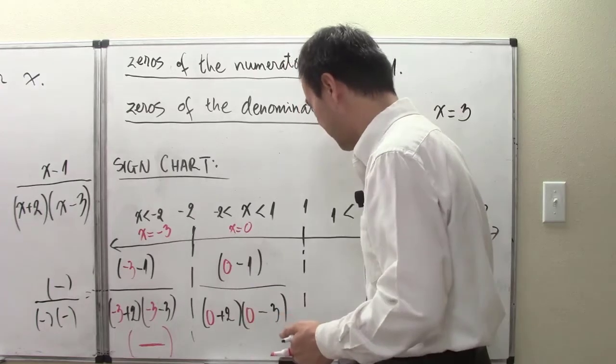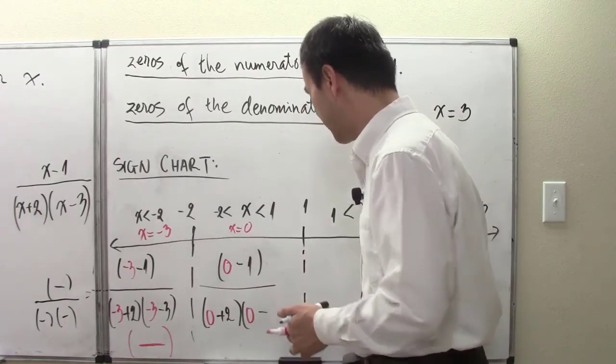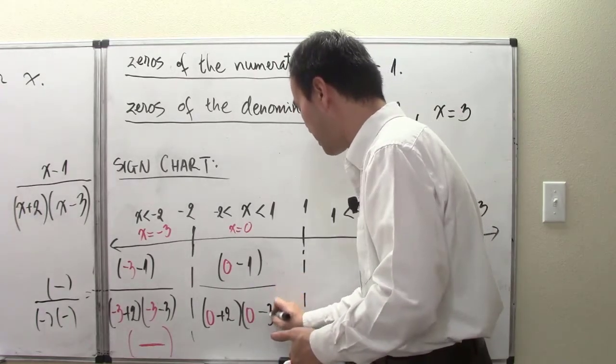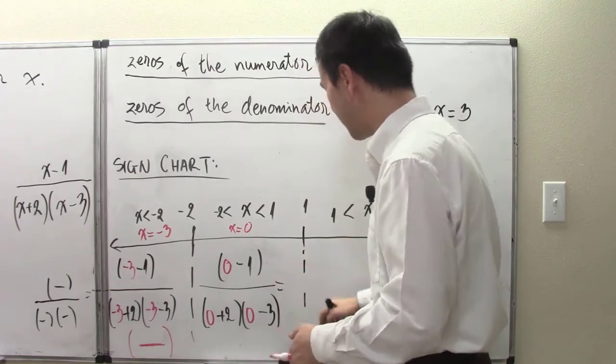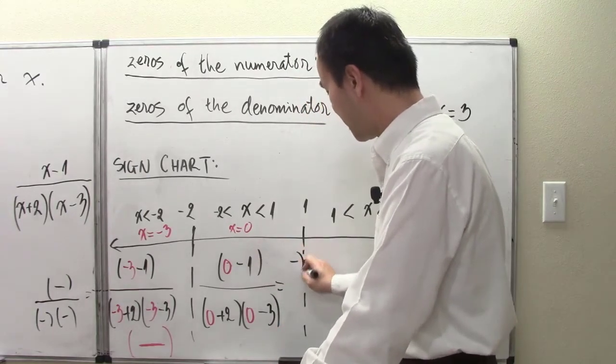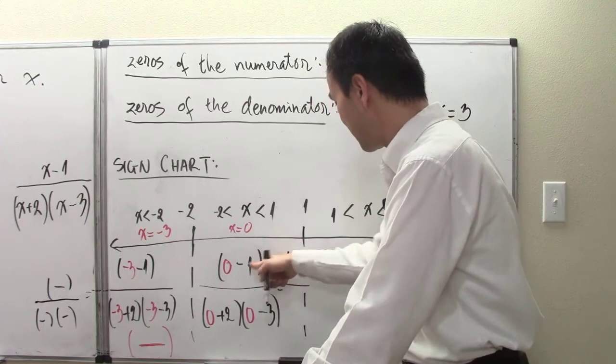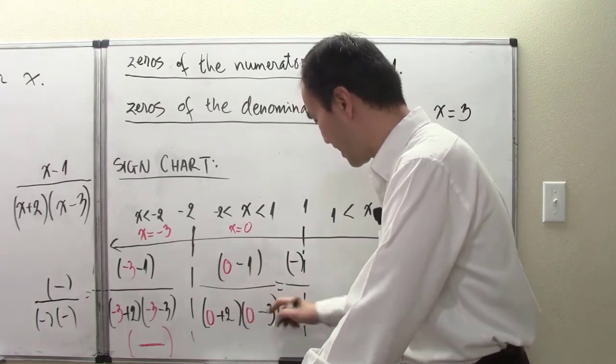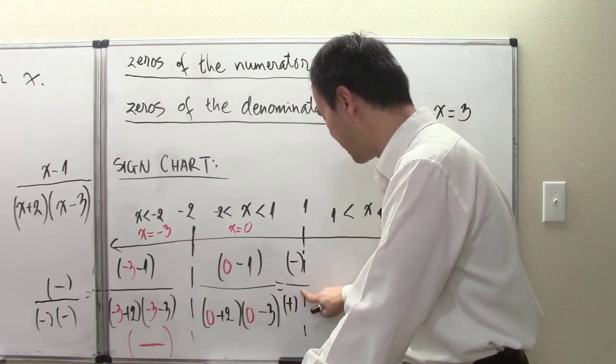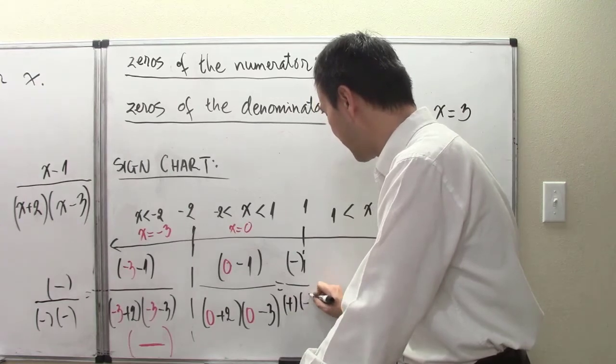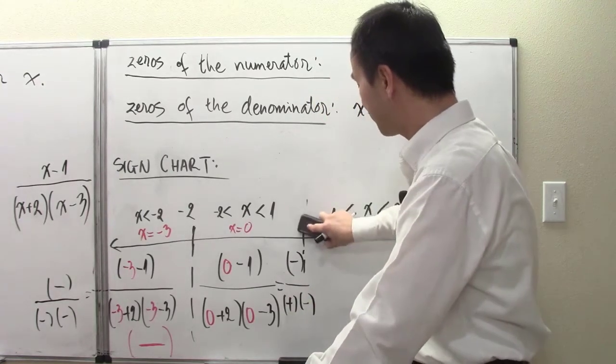And I see that I need narrower space here. Okay, so I see that I can go, in the numerator here, it's a positive and a negative. So a positive sign is here, and a negative sign is here.